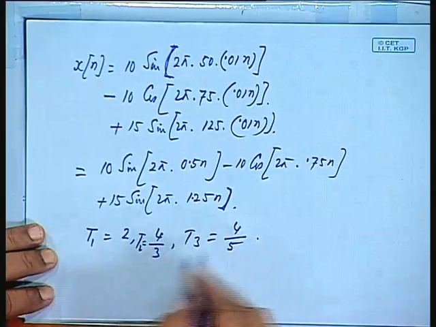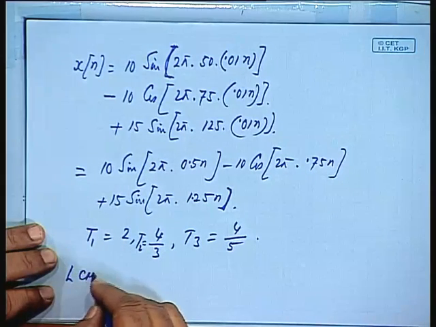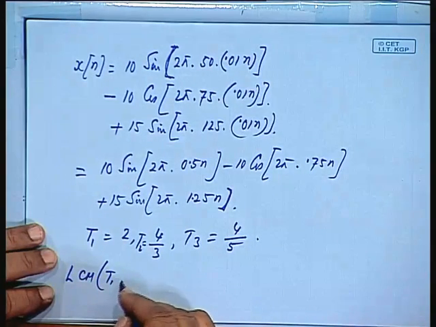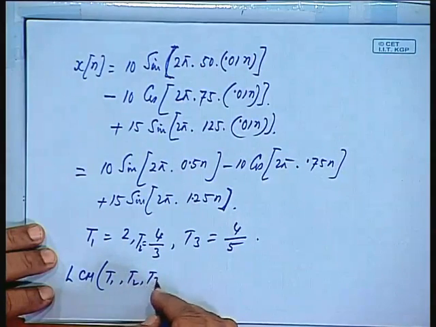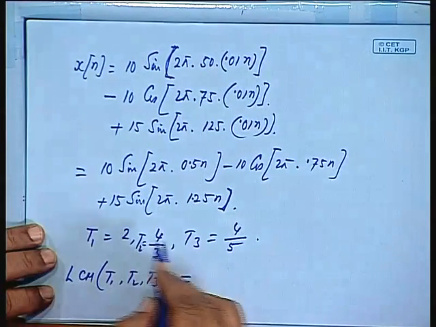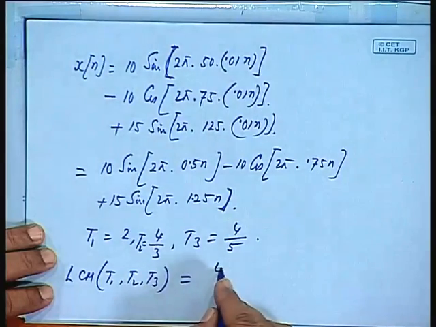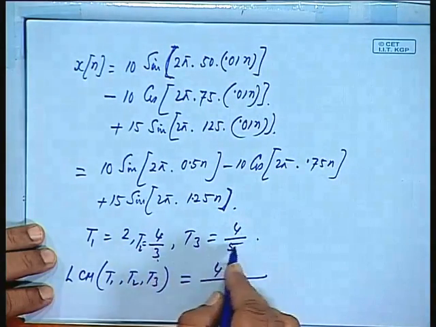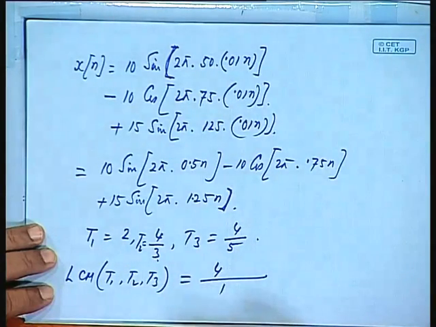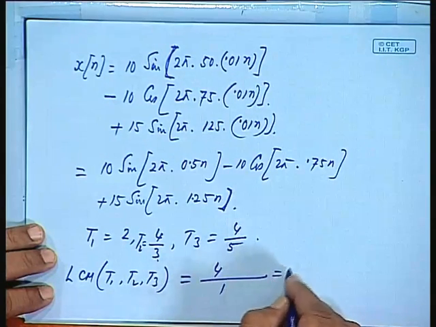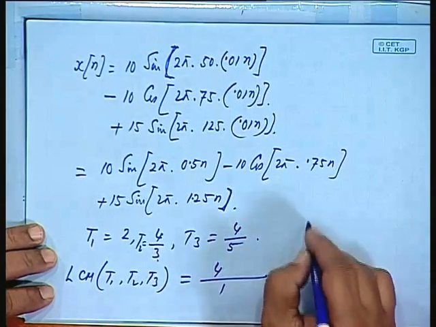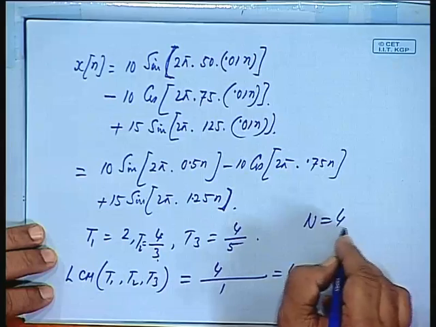So, you have to take the LCM of these three periods T1, T2, T3, which means LCM of 2, 4 and 4 and HCF of 1, 3 and 5, so 1. So, that is equal to 4. So, period N is 4.